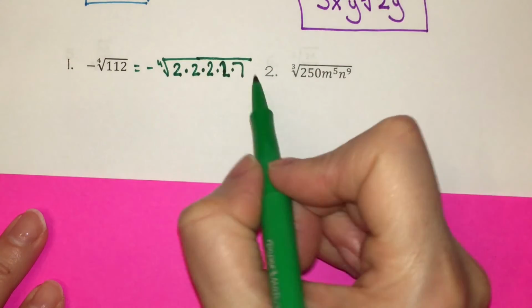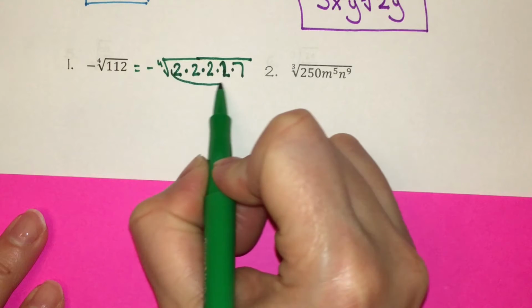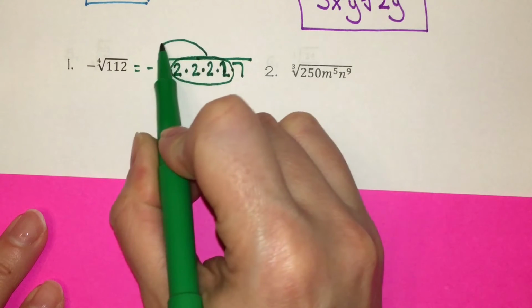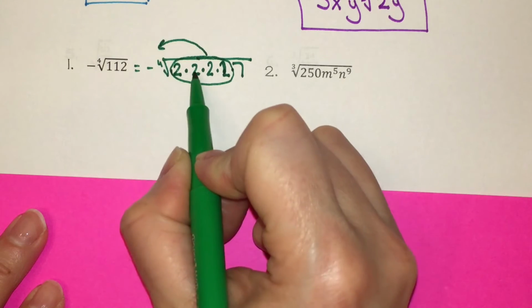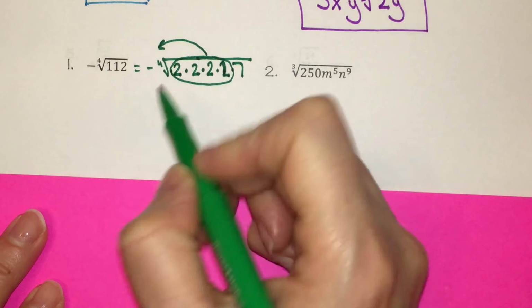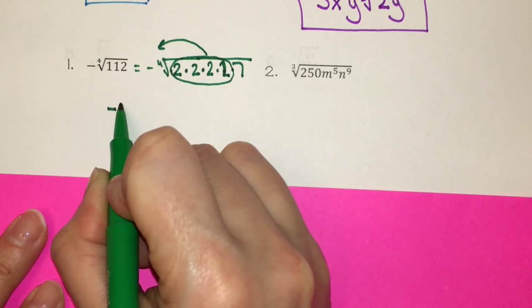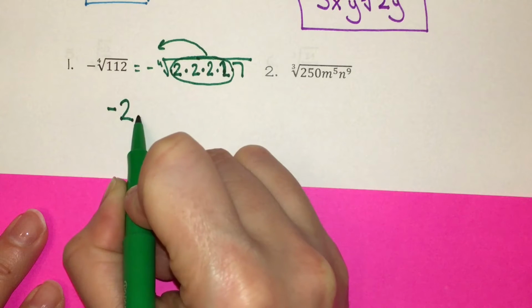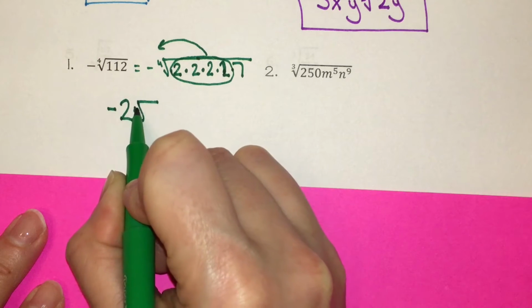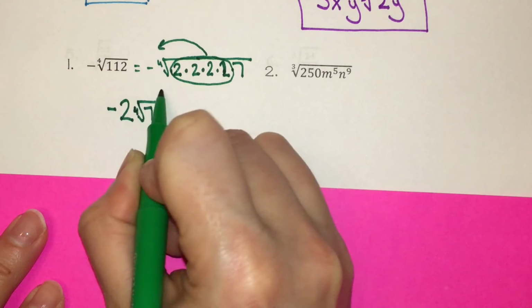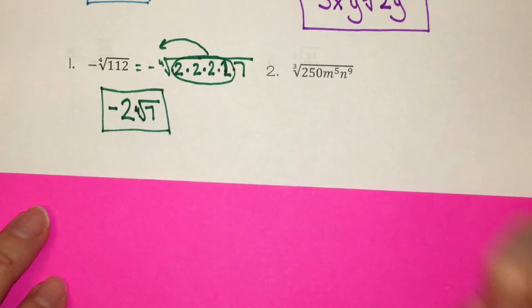So that means we have 4 2's. Remember, 4th root, so there has to be 4 of them multiplied together that can come out. So with the negative on the outside, we get negative 2, and the 4th root of 7 is left. You always have to pay attention to what the root is: how many numbers do you have to have multiplied together in order for them to come out?